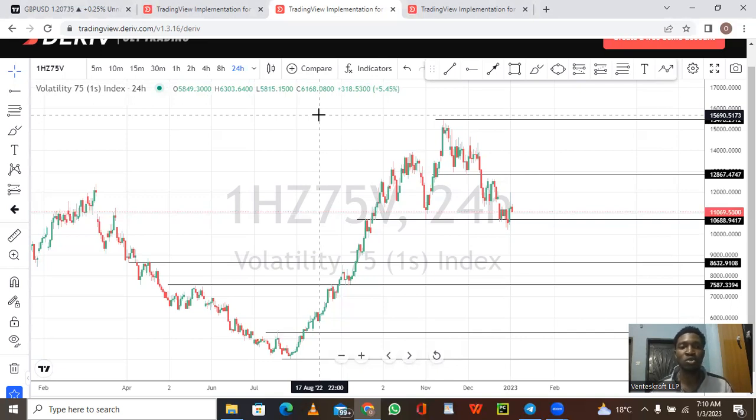It is also the higher time frame that will probably tell you the structure that needs to be broken, or the structure that needs to be respected.